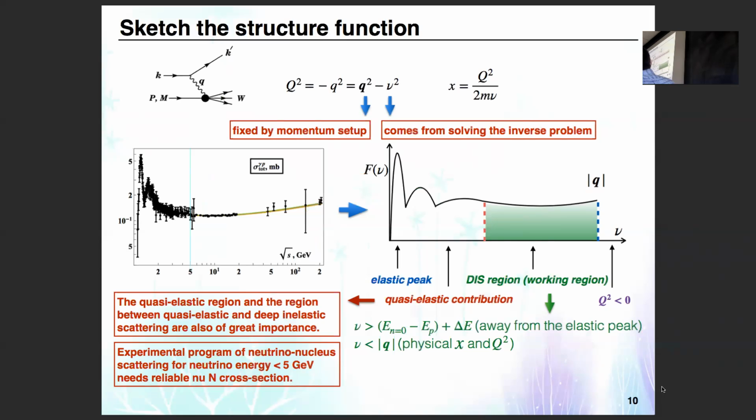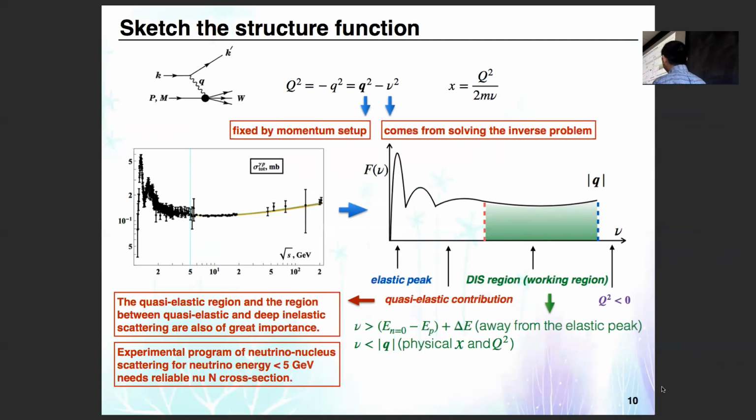This is a similar thing, because we can see that at small total energy there are some structures like this, the elastic one or semi-elastic one, and after, for example, 5 GeV or so, there are no structures you can see, because higher-energy excited states are just a continuum spectrum.